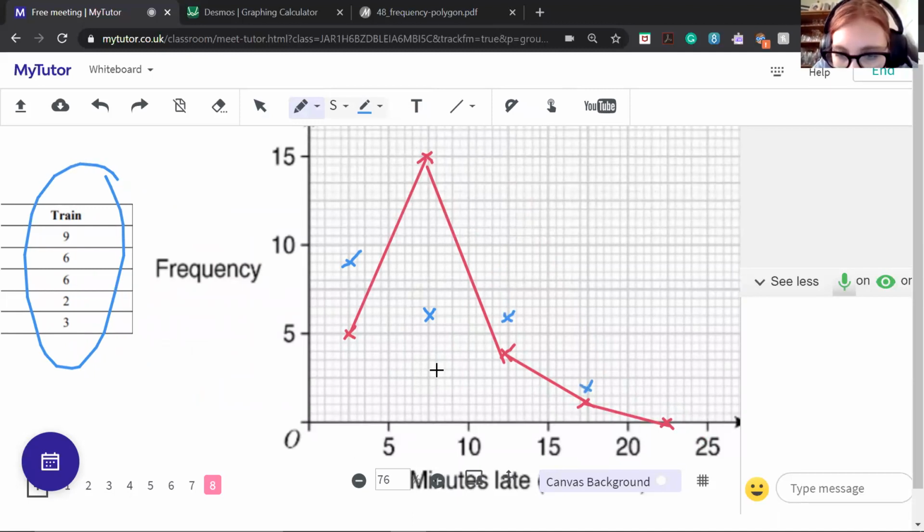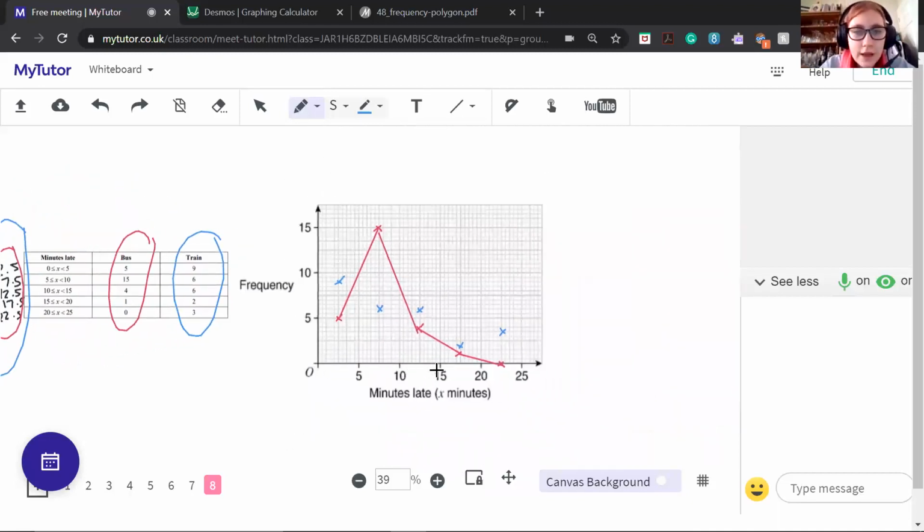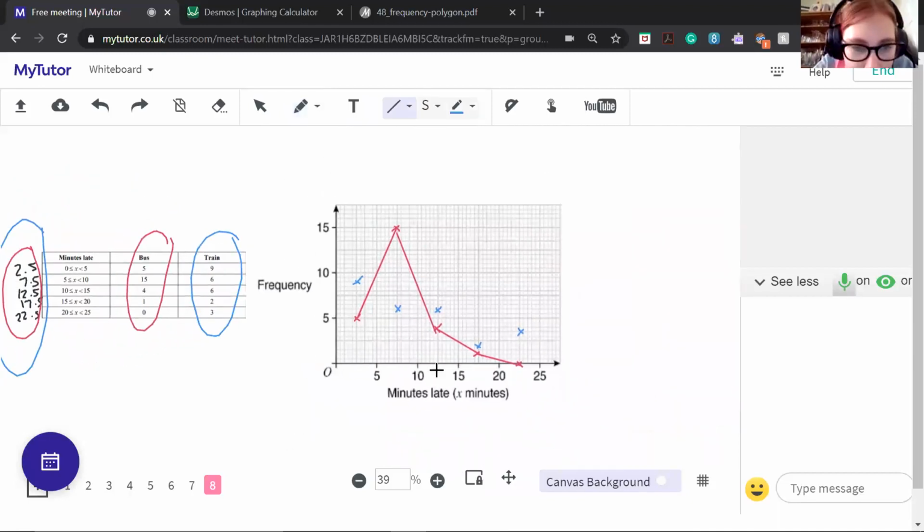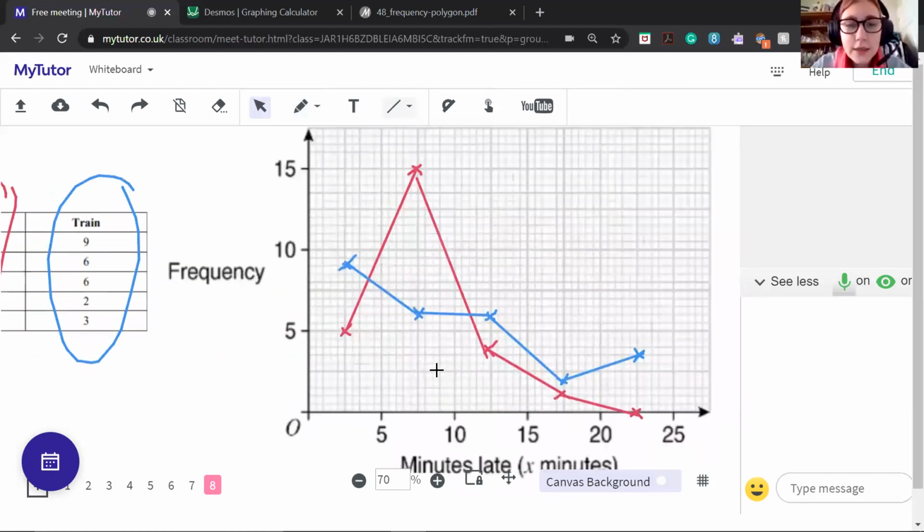And 22.5 is 3. And then we can join these up with straight lines. Like that. And again, we get these frequency polygons, kind of the starts of some shapes.